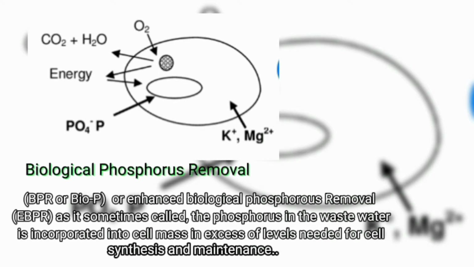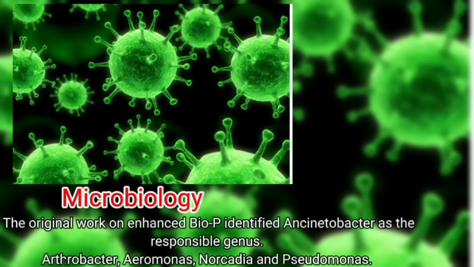Biological phosphorus removal (BPR), or BioP, or enhanced biological phosphorus removal, EBPR, as it's sometimes called. The phosphorus in the wastewater is incorporated into cell mass in excess of levels needed for cell synthesis and maintenance. Microbiology. The original work on enhanced BioP identified Acinetobacter as the responsible genus, along with Enterobacter, Aeromonas, Moraxella, and Pseudomonas.